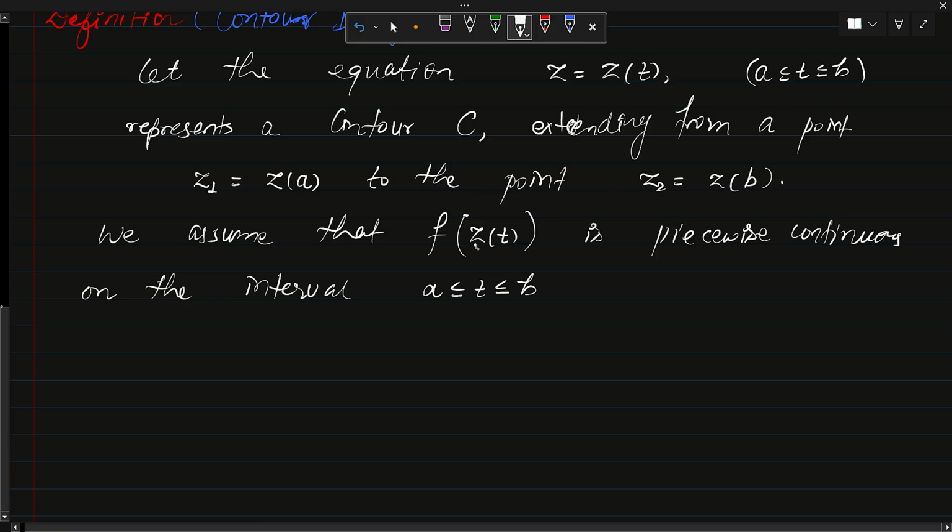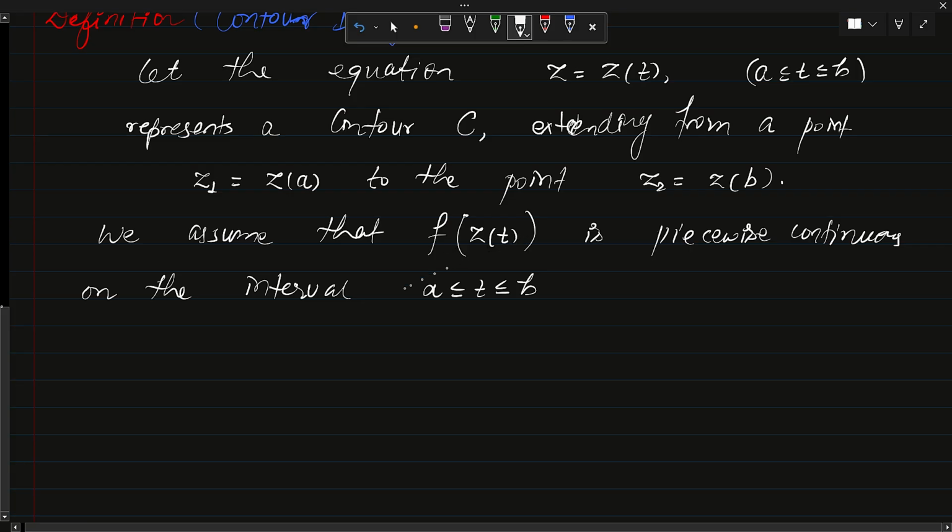Right. So earlier, when we were discussing this, it was a complex valued function of a complex variable z. Now we have transformed this z into a function z of t, where t is some real variable. So on the basis of this representation, this function f becomes a complex valued function of the real variable t.